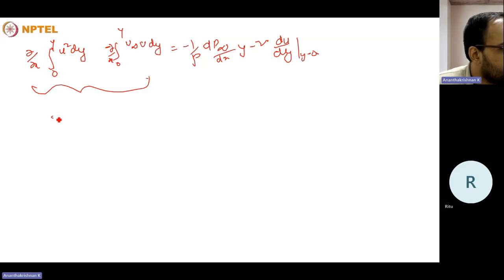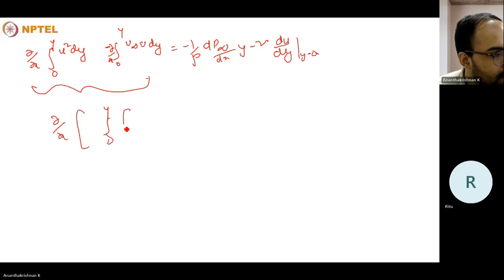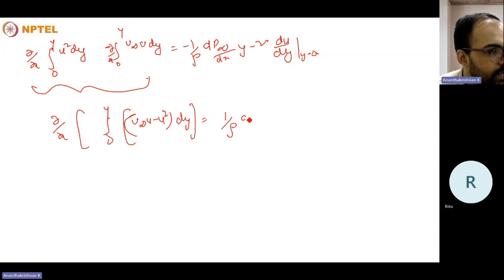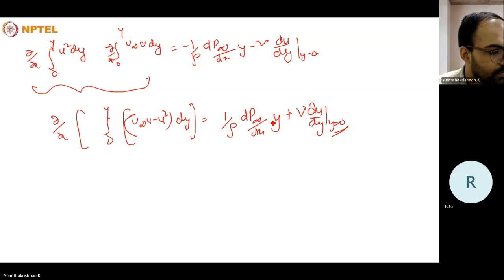So this term we can couple together. So it will become integral of 0 to y, multiplying this term by negative, of u infinity u minus u square dy is equal to minus 1 by rho dp infinity by dx y plus mu du by dy at y is equal to 0. And we take the u value outside, we'll get this form straight away.